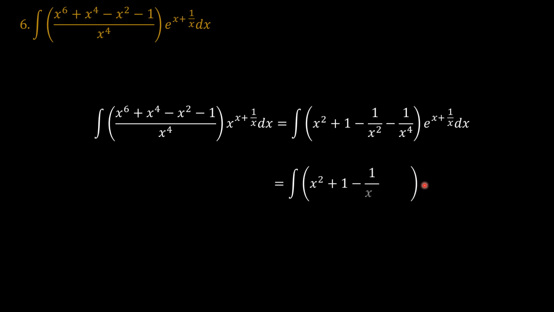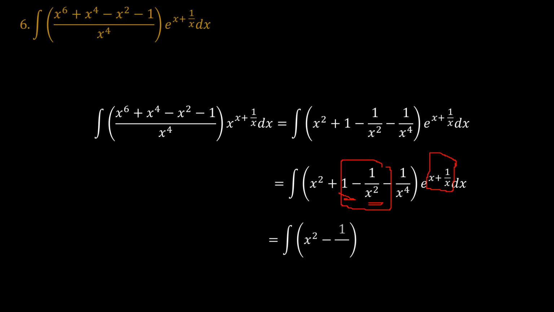And so the next thing I could do here is, since I see this value here and this value here seem to look like the derivative of this, so I could isolate this term out, and what we have next is now x squared minus 1 over x to the power 4 times e to the power x plus 1 over x, and then 1 minus 1 over x squared.